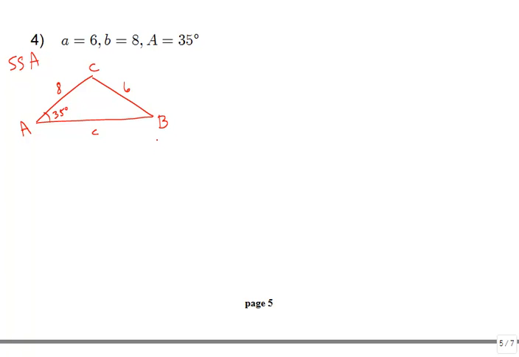There's not enough information to find your two angles immediately, so in order to find one of these angles, we're going to need to use that law of sines. So I'm going to do sine of big A over little a, since that's the combination that I know goes together. So sine of 35 degrees over 6, and I'm going to find angle B first because I know what side B is already. So sine of capital B over 8.